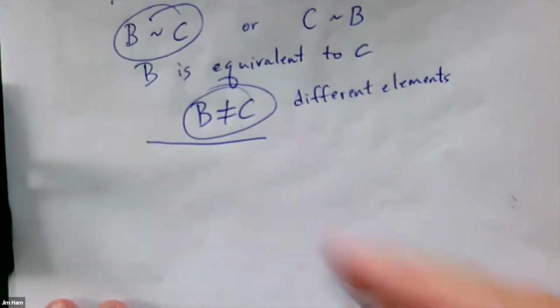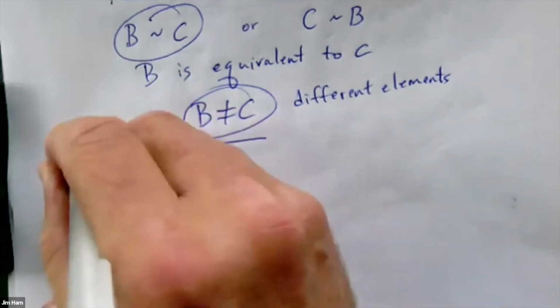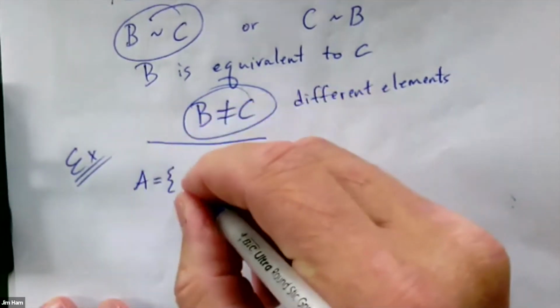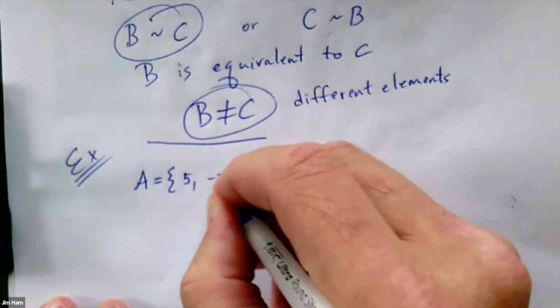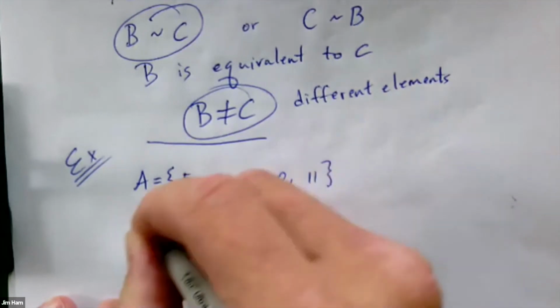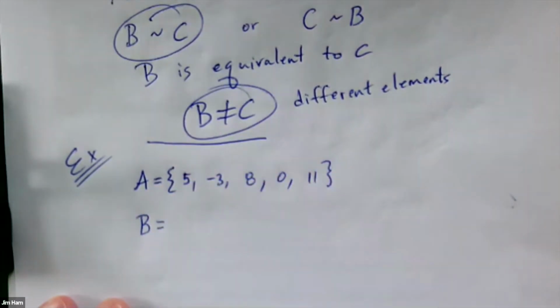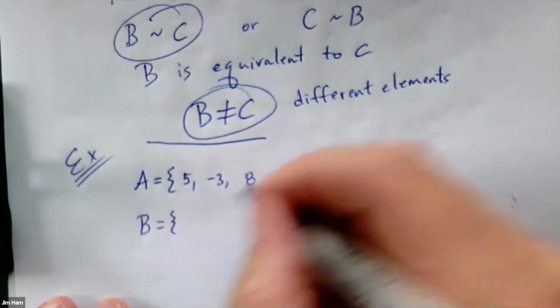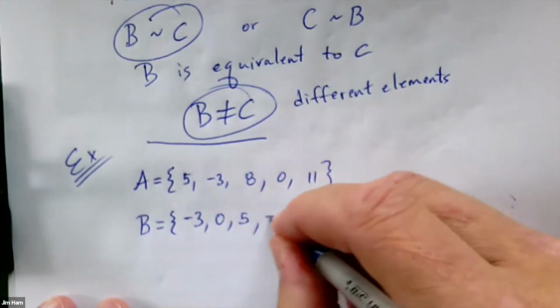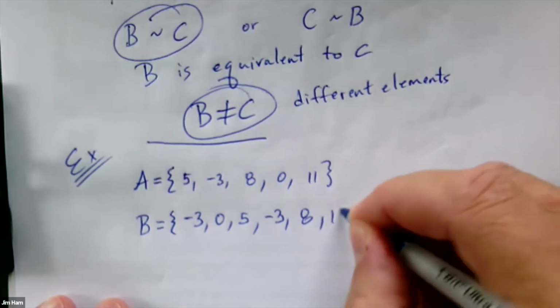As an example, I can give you the set A, which is equal to 5, -3, 8, 0, and 11. And I can give you the set B, which is -3, 0, 5, -3, 8, and 11.